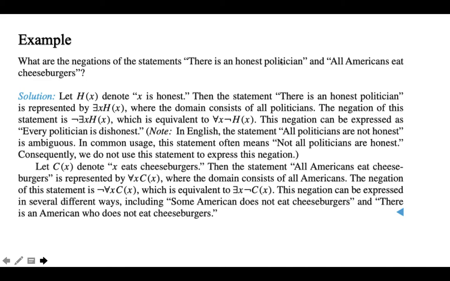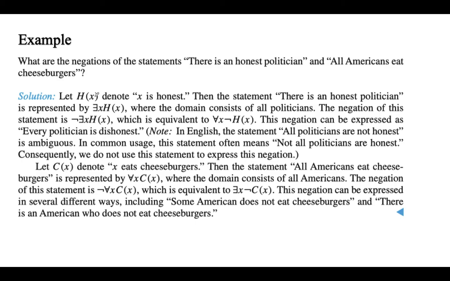Let's suppose the domain is the politicians. So x is a politician. Let H of x denote that politician x is honest.